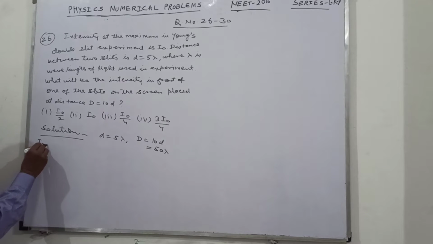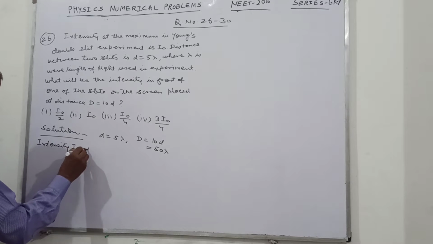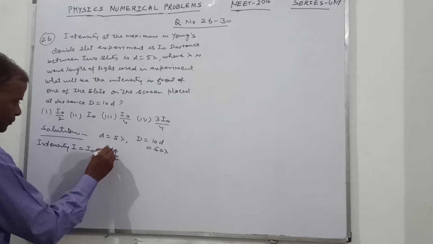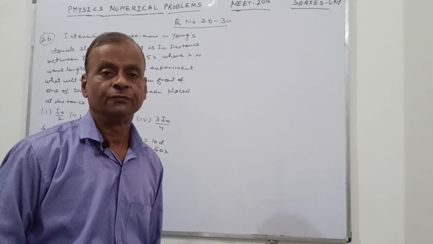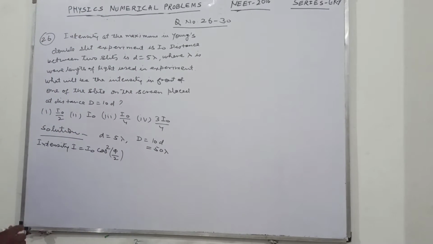Intensity I equal to I naught cos square phi upon 2. This is the formula to be used. Phi is the phase difference between the waves.